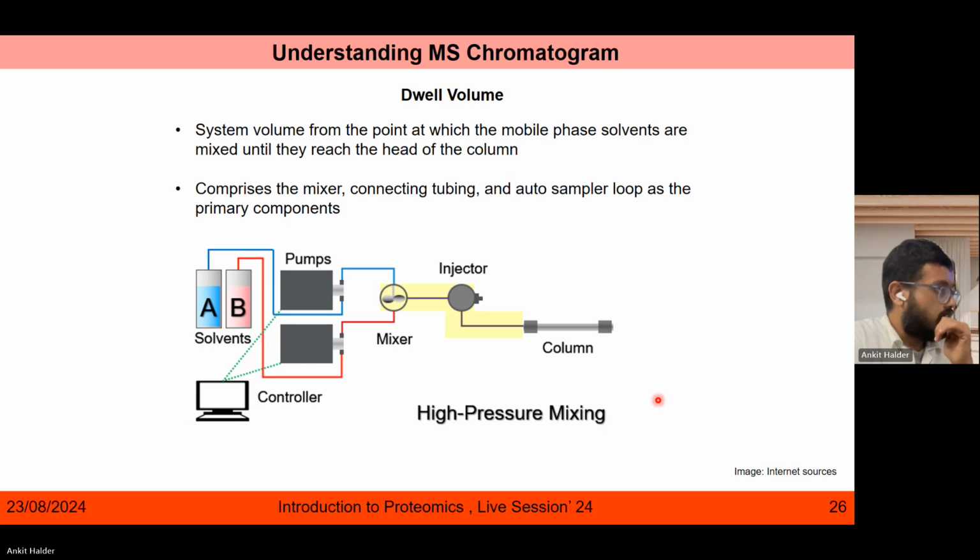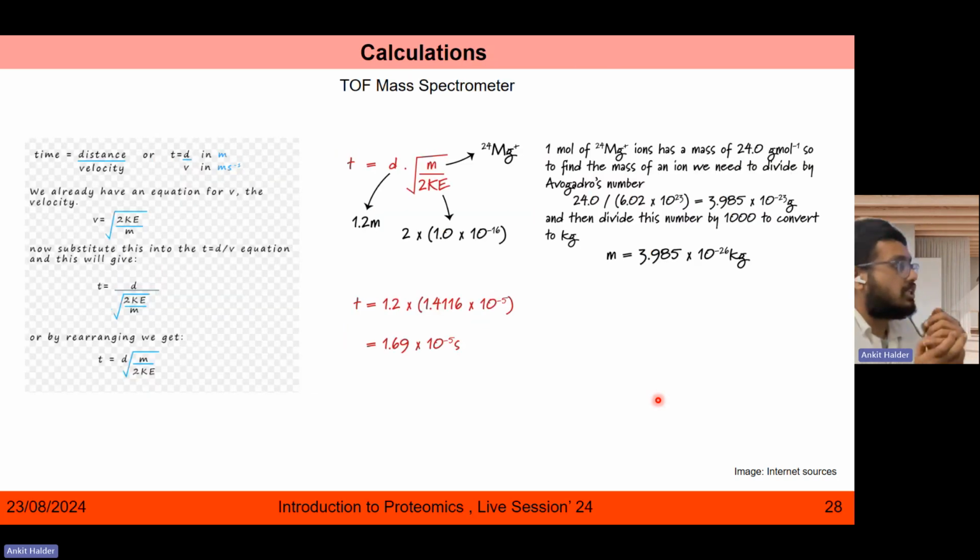Okay. So now if we move on, as I mentioned, we will be discussing certain aspects of calculation specifically for the time of flight mass spectrometer. So we talked about the time taken to travel a distance. This is basic physics involved in it: how to calculate the time, how to calculate the length of the tubes, and those things.